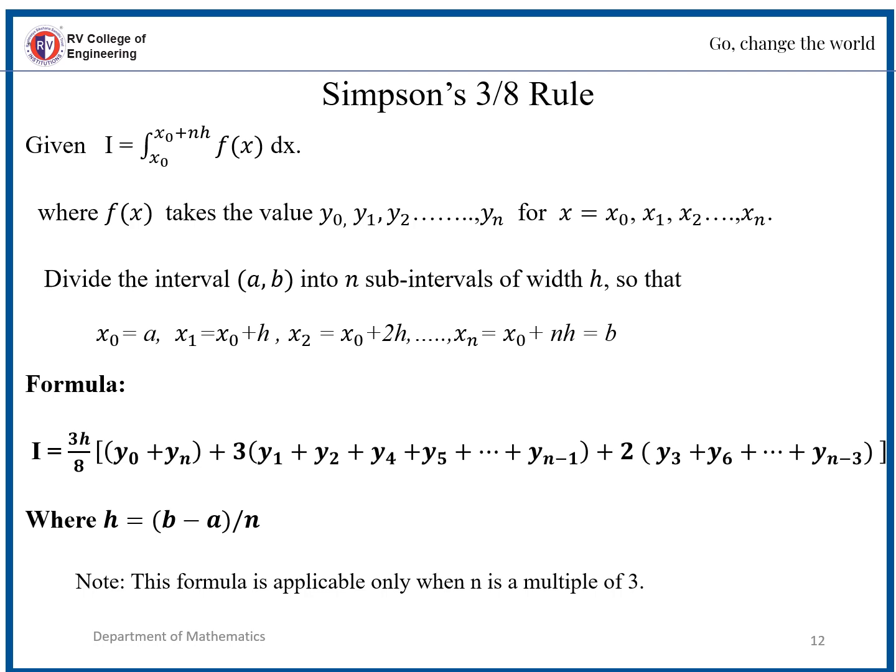So y0 plus yn, the first value plus the last value, plus 2 times of, when you look at the ordinates there, y3, y6, y9, y12 and so on. So we can remember that as 2 times of the multiples of 3, and the remaining terms left out are 3 times of y1 plus y2 plus y4 plus y5 and so on to yn minus 1. This is how easily you can remember this formula.